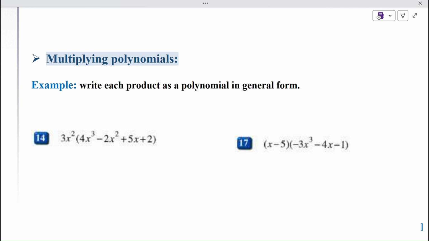Write each product as a polynomial in general form. In the previous lesson, I told you what general form is.